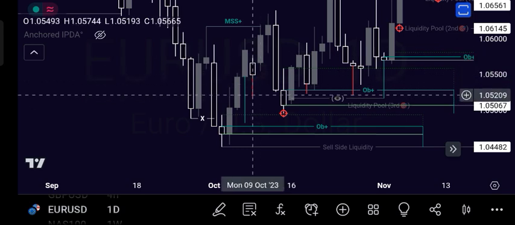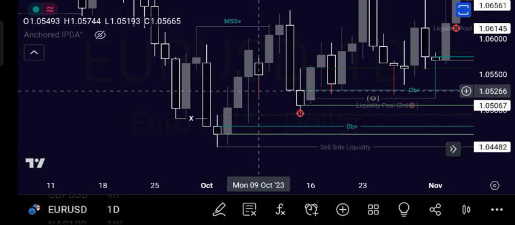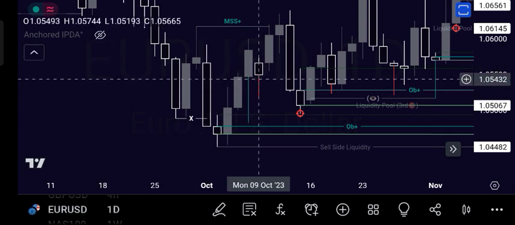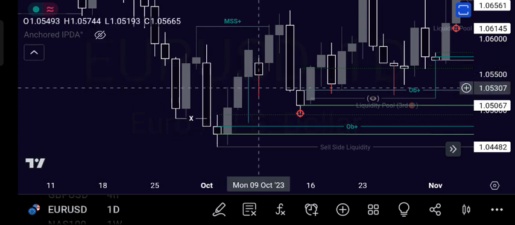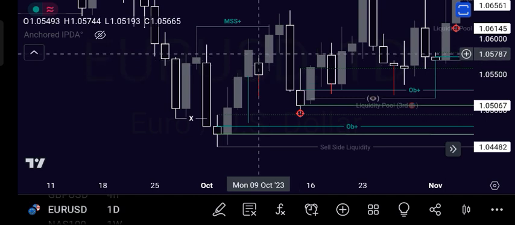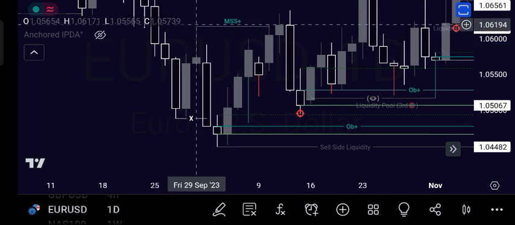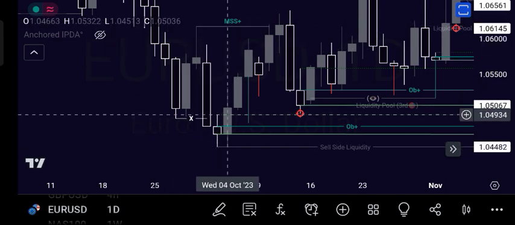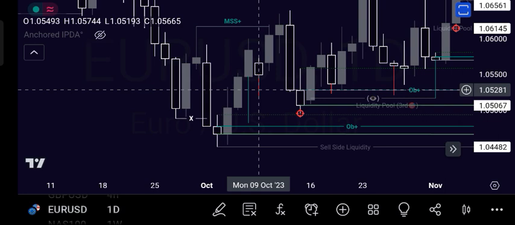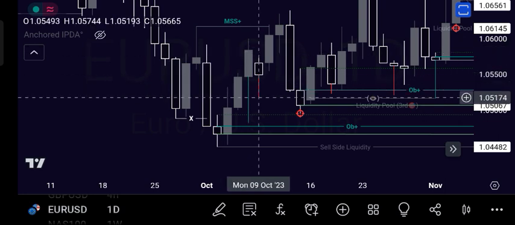Order block. So why do I see this as not a valid order block? Because of what? This is the major high, this is the major low. This is an internal structure.